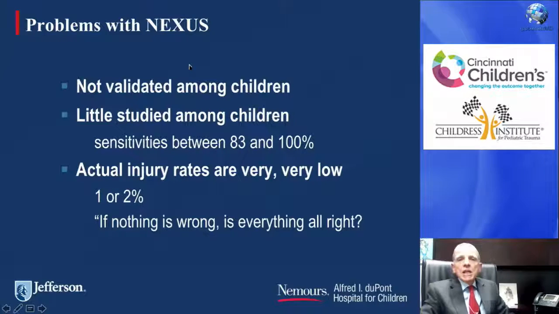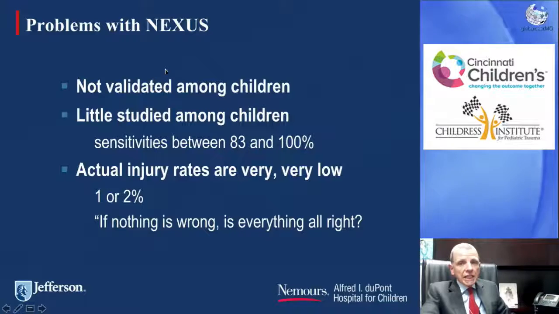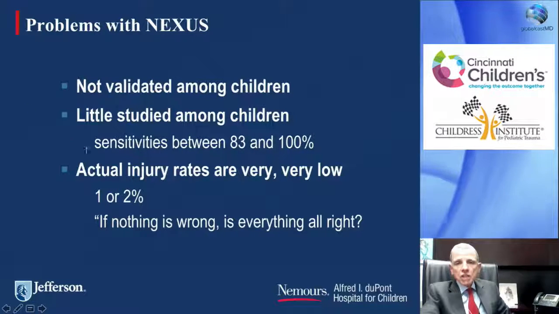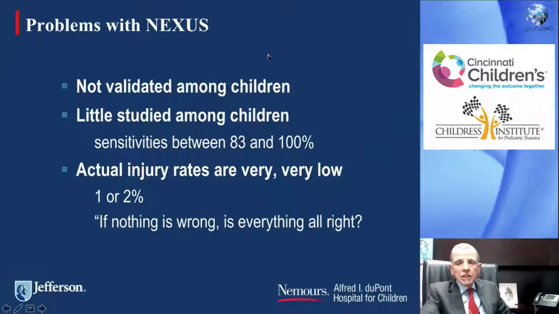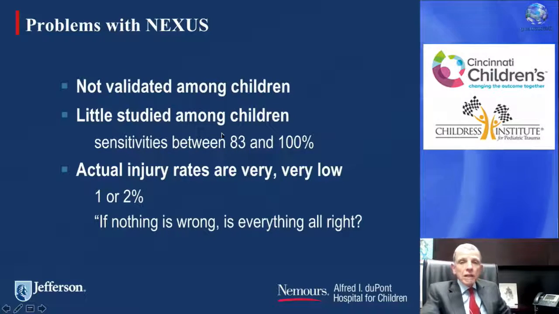Problems with NEXUS among children: not validated for children, little studied among children. Its sensitivity for significant spinal injury has been reported between 83 and 100%. So not perfect, perhaps.